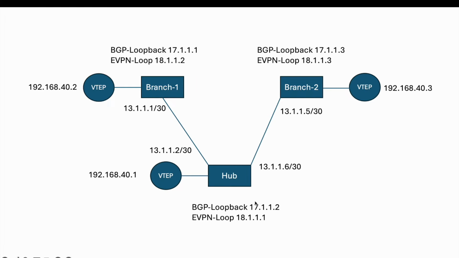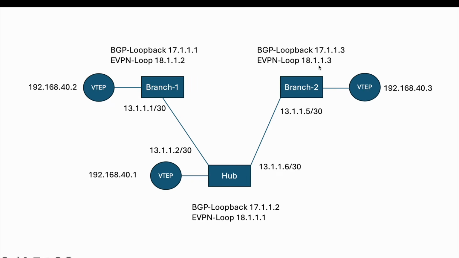So basically the next hop is always going to be the BGP loopback or the route origin, which means that in order to have branch 1, which is on 18.112, and branch 2, which is on 18.113, establish a VPN tunnel, they need to be able to reach those individual IP addresses.